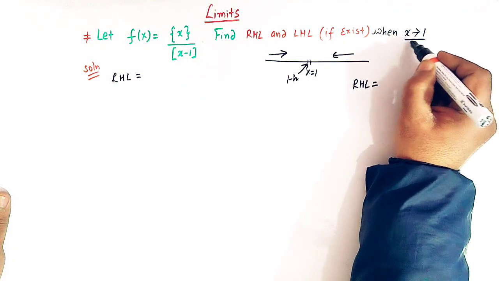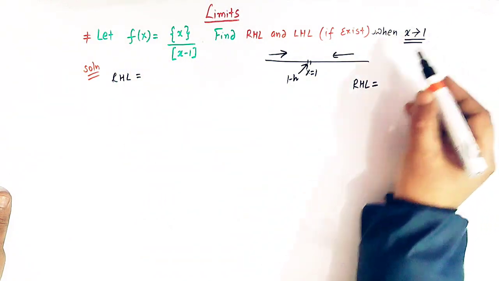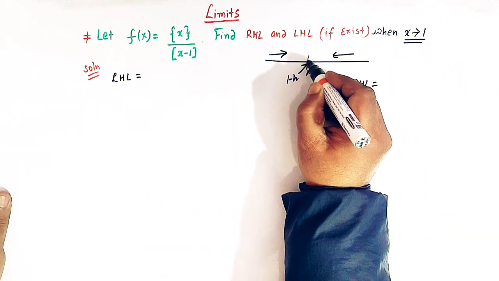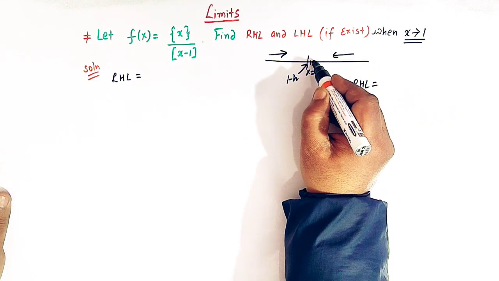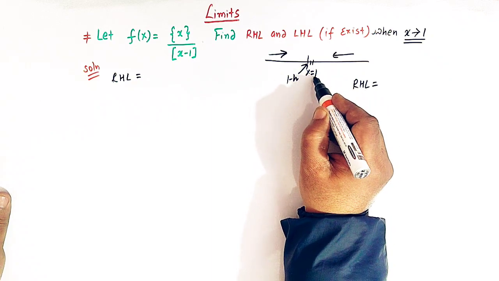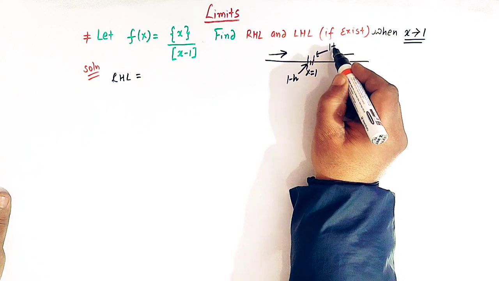Because we have to find the limit when x approaches 1. Similarly, we take a point towards the right of x is equal to 1 and very close to it. This point may be taken as 1 plus h.